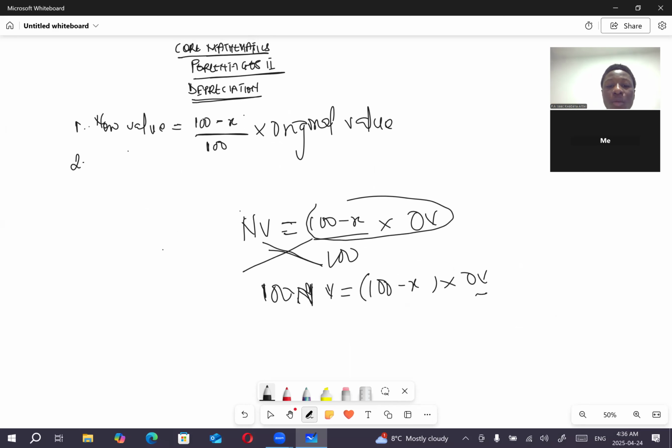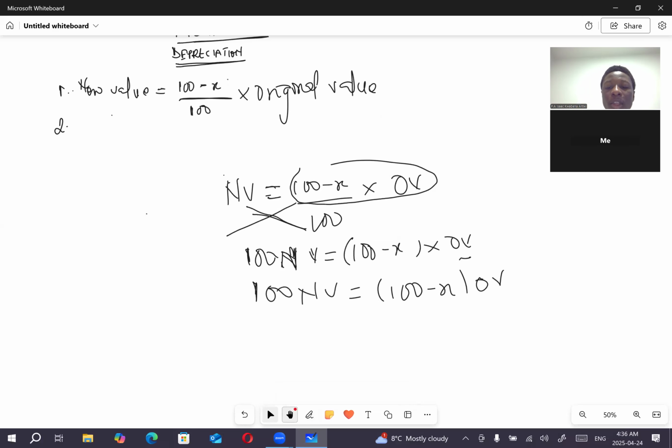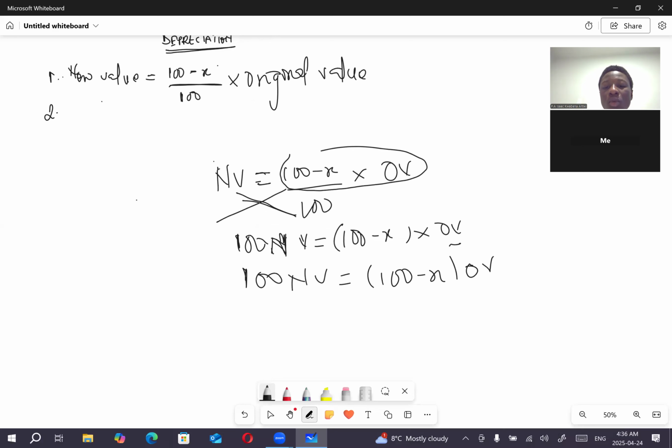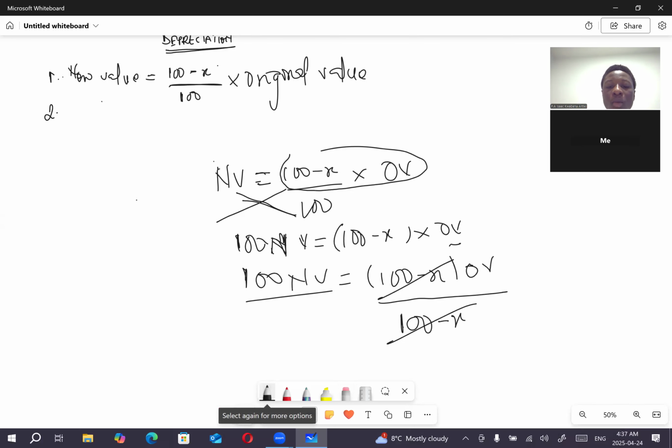If you want to see it properly, it's going to be 100 NV equals 100 minus x all times OV, just to make you see that OV is multiplying everything. So to make OV the subject, you have to do away with whatever is attached to it so that it cancels, and OV is standing out. But in math, whatever you do on the left hand side, you have to do the same thing on the right hand side.